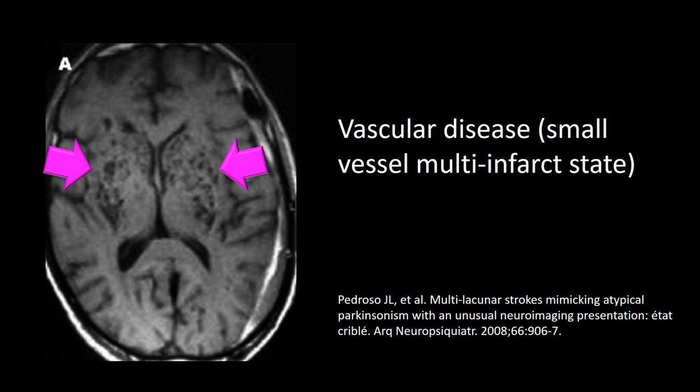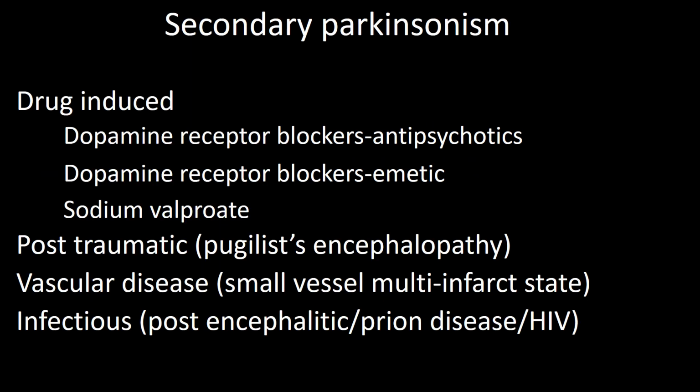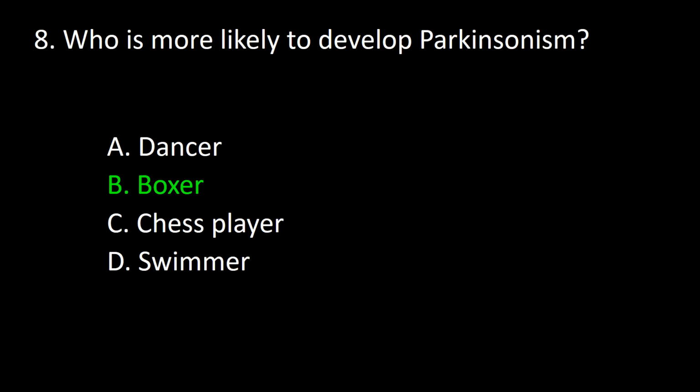Patients with this condition, in addition to Parkinsonism, usually display other signs of CNS abnormalities. And last but not least, infections. Some patients afflicted by prion disease and HIV, or after viral encephalitis, may develop Parkinsonism. So the answer to this question is B, boxer.